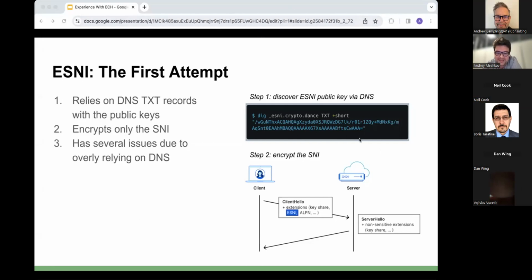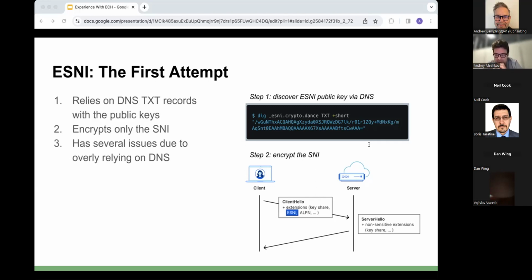The second issue with ESNI is that a single ESNI TXT record cannot handle a case with several endpoints with different capabilities. For example, let's take one domain, like, I don't know, example.com. It might have two different IP addresses, each of them operated by a different CDN.